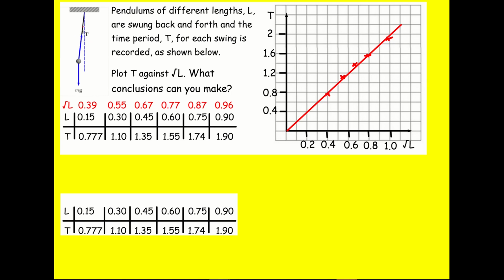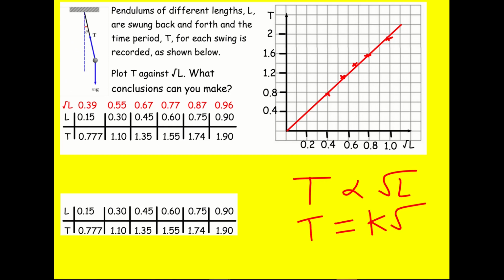And so you can say with some confidence that t is directly proportional to the square root of L. And then you could write down that t equals k times root L. I've built this lesson up, and this is the sort of thing you should be happy with at this point.